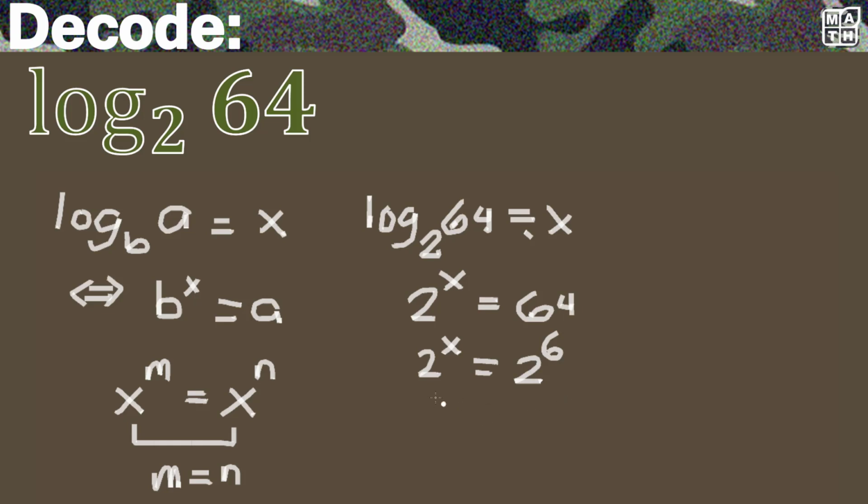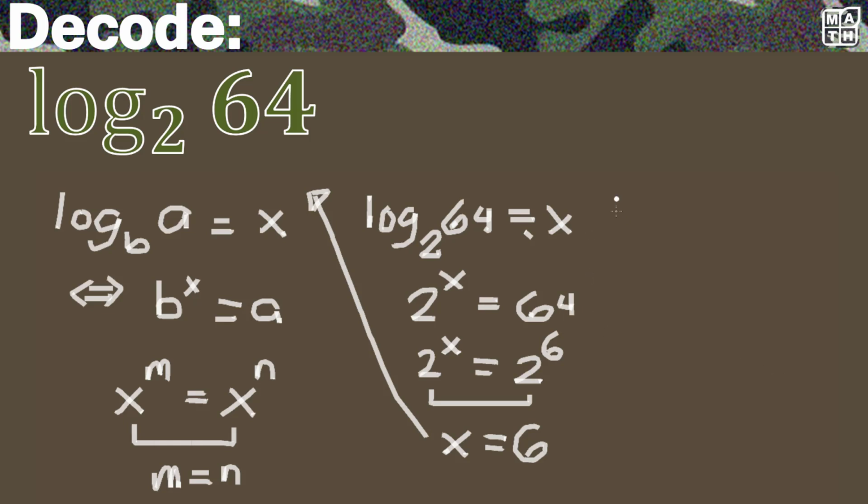But for this, using the property of equivalent exponents, since we have the same bases, we can say that the value of x is equal to 6, which is the exact value of the unknown, since x is the representation of the exact value of the logarithm of 64 to the base 2. So this is the answer for this given logarithm.